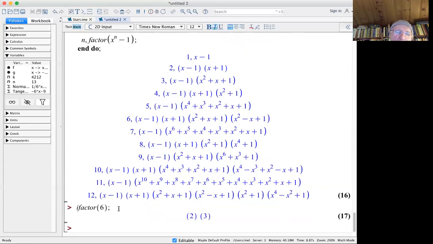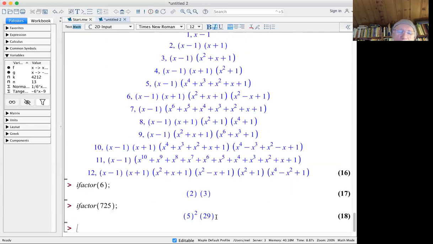And if I ifactor 6, I get 2 times 3. If I factor, I don't know, 725, that's 5 squared times 29. Let me make it a bigger number. I'm sort of curious. Oh, look at that.